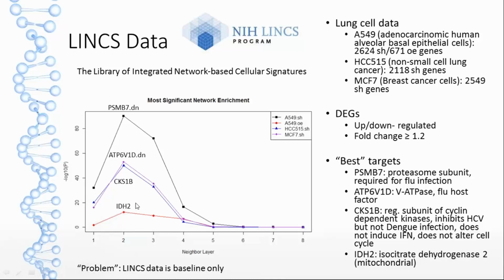But nevertheless, what you see in network 2 is the peak of enrichment in these different networks. The best responding data set would be the A549 knockout LINCS data set, and the best overall response is this proteasome subunit, which is actually required for influenza infection. Now I'm coming back to my breast cancer cells, because it's interesting that in these breast cancer cells I have this V ATPase, which is actually important for influenza import.